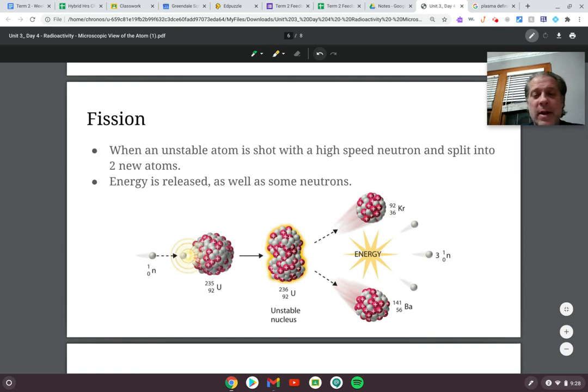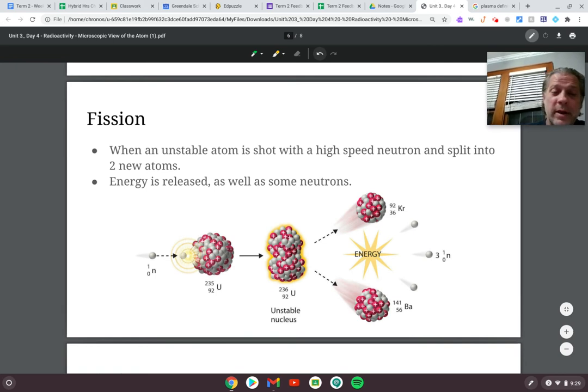We accelerate that neutron and crash it into uranium, and for an instant it creates an unstable nucleus. That nucleus can't exist the way that it is, so it splits apart into 2 different atoms, which are more stable. But that splitting apart also creates a tremendous amount of energy, and it also gives off some neutrons.